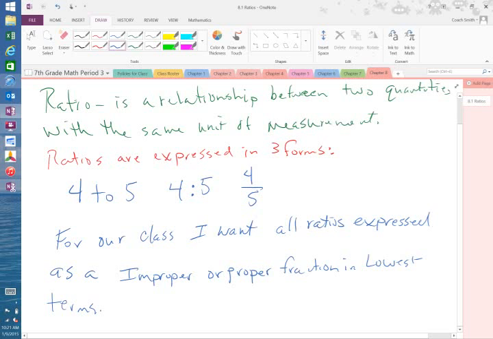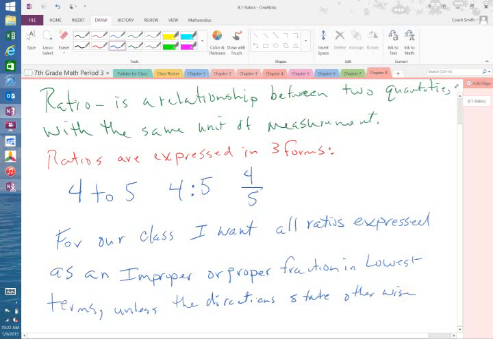For our class, I want all ratios expressed as an improper fraction or proper fraction in lowest terms, unless the directions state otherwise.